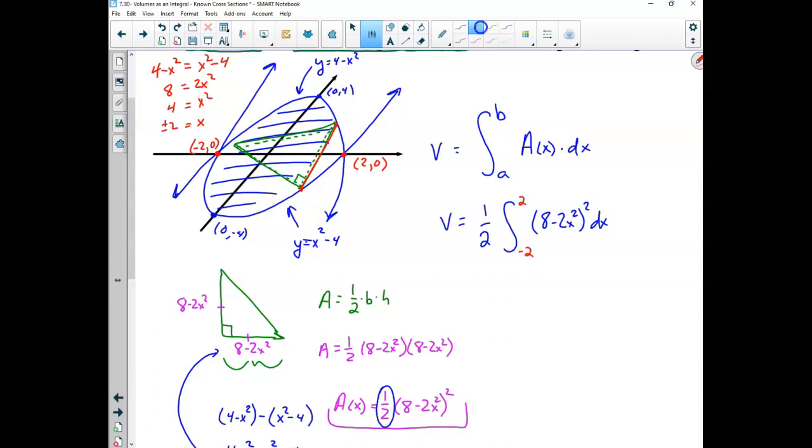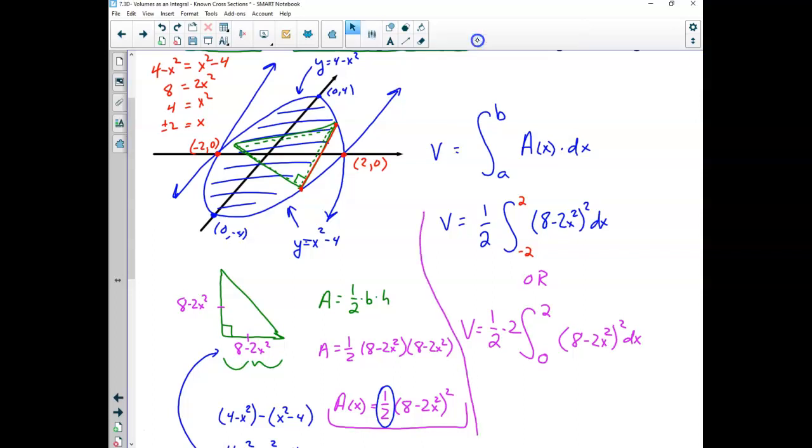Or I can look at symmetry. I could say my volume is going to equal 1/2, if I went from 0 to 2, then I have to double this region, times the integral of 8 minus 2x squared, squared dx. I could do that as well. Both of these integrals are going to give me the exact same volume.